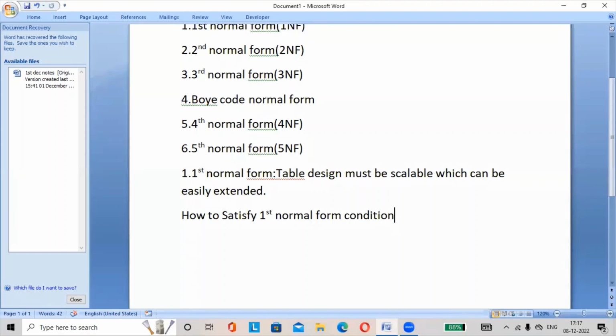How to satisfy the first normal form condition? There are 4 basic rules that a table should follow to be in first normal form.